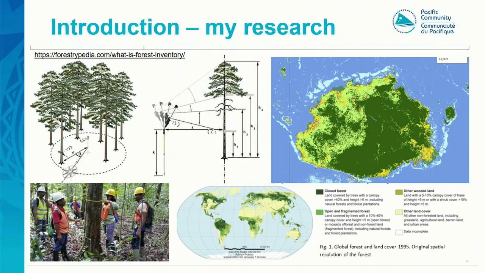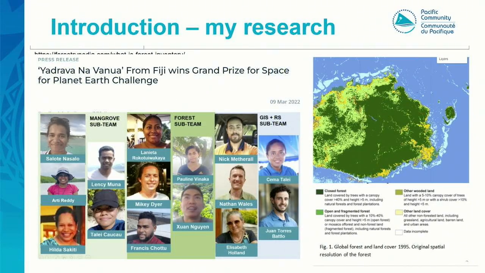So we did a land cover model for Fiji, and we formed a team with some of the universities, like the University of Fiji, the University of the South Pacific, and Fiji National University, and we were able to win a competition to use open access and open source satellite data and workflows to monitor carbon sequestration.